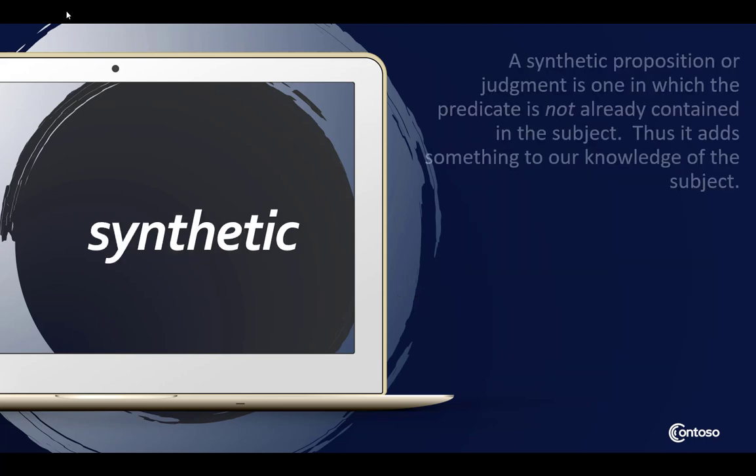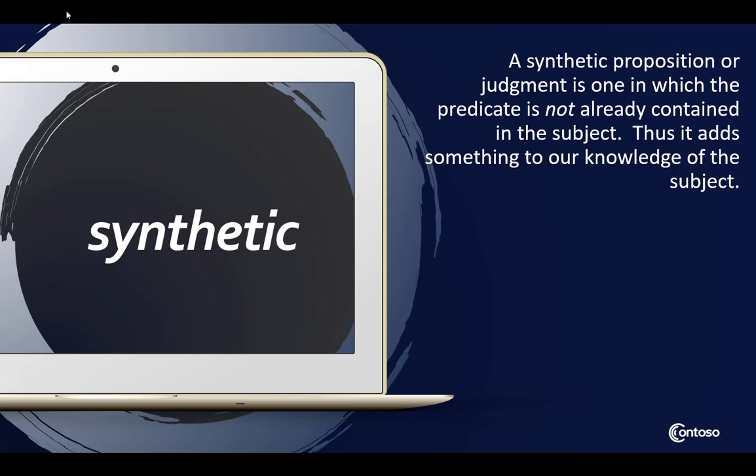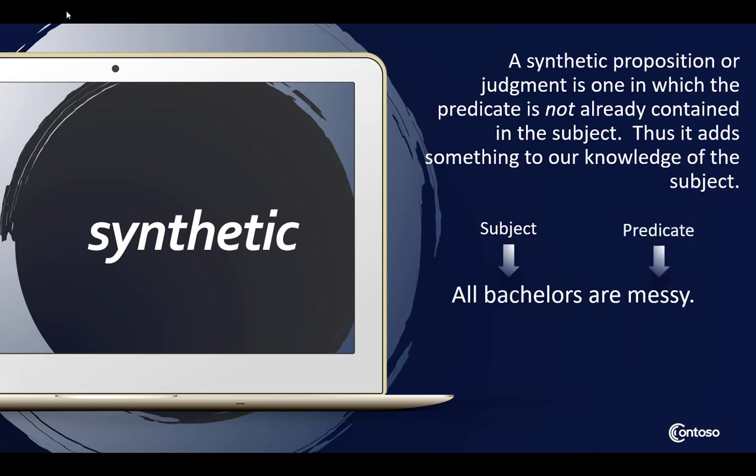Now with synthetic judgments, we have propositions or judgments in which the predicate is not already contained in the subject. And so that means that the predicate adds something to our knowledge of the subject. So in this case, our subject is bachelors again, and suppose the proposition is that all bachelors are messy.